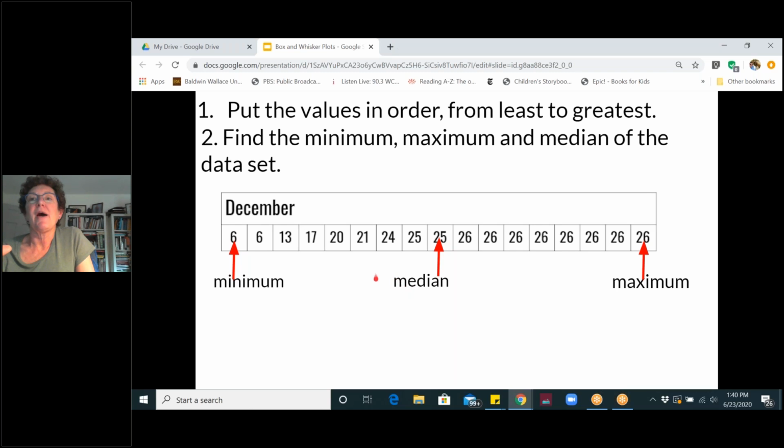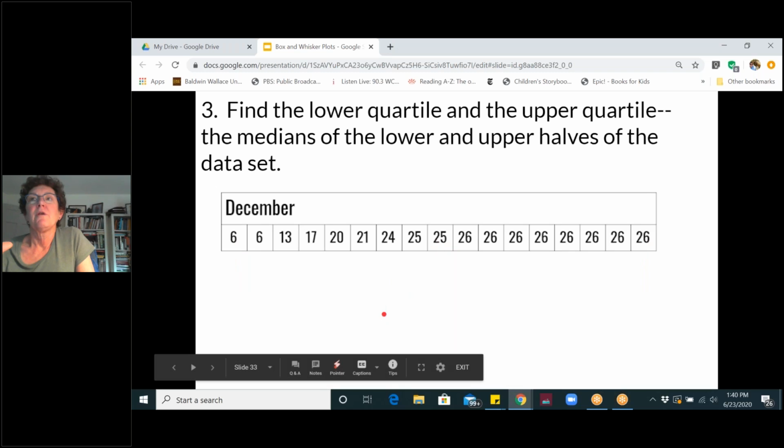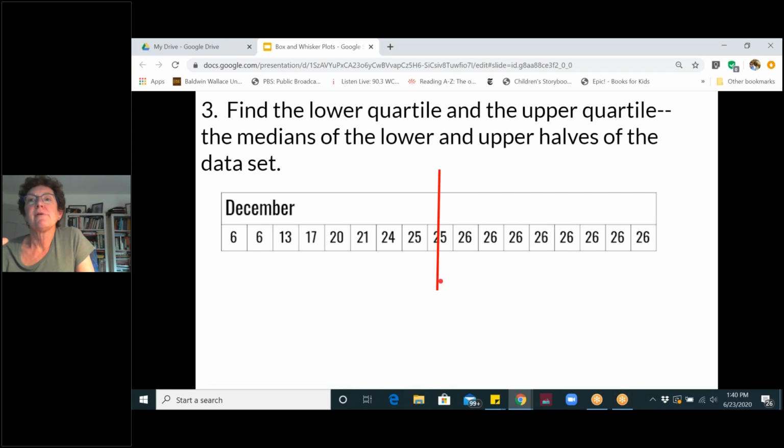And then we have to find the lower quartile and the upper quartile. So remember, we start by dividing our data sets in half using the median of the entire data set. And then we find the median of the lower half. And again, we have to find the median of 8 numbers.